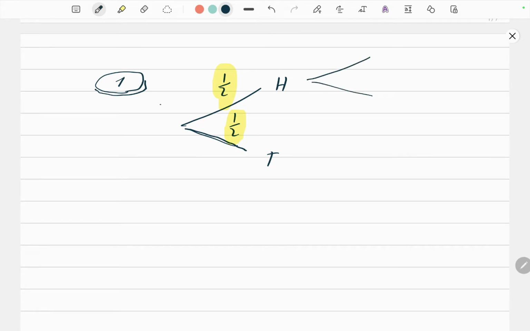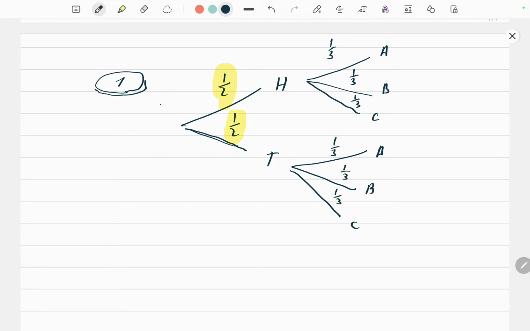Also here we could add another event, let's say a spinner with the parts A, B, C, and let's create our example with 1/3 for each of them. So now it's easier to list all possible outcomes. For the first way, it's the probability of having head first and then letter A. It is simply multiplication because the 2 events are independent, so it's 1/6.